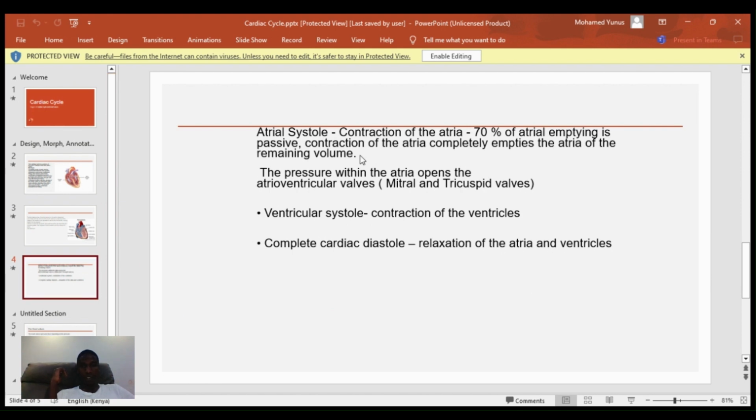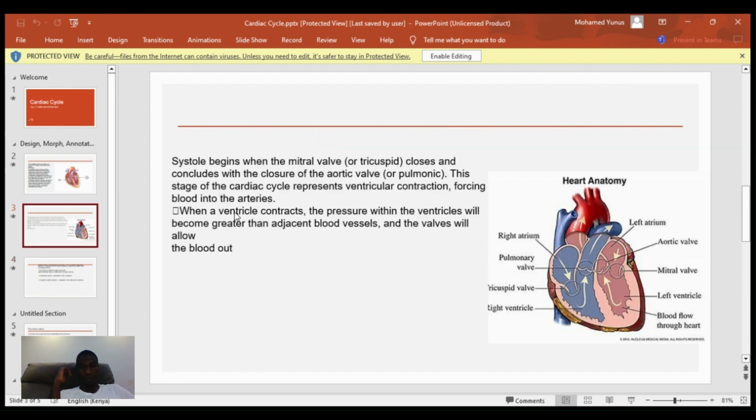So let's come back here. We find that the pressure within the atria opens the atrioventricular valve. From just the name, atrioventricular valve, it's the valve in between the atrium and the ventricle. That is the mitral and the tricuspid.